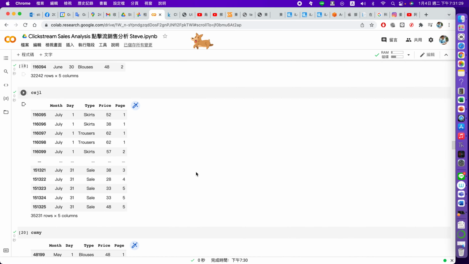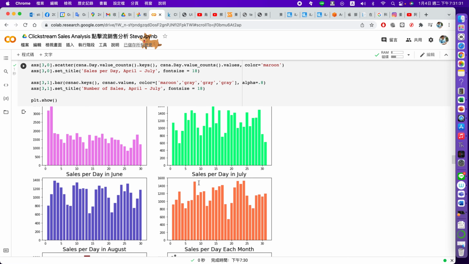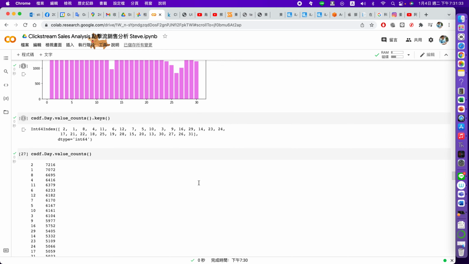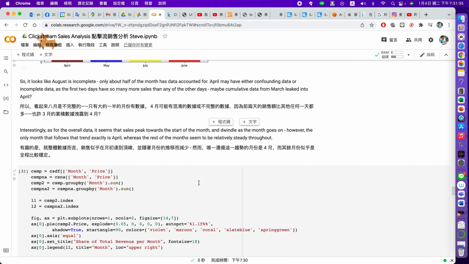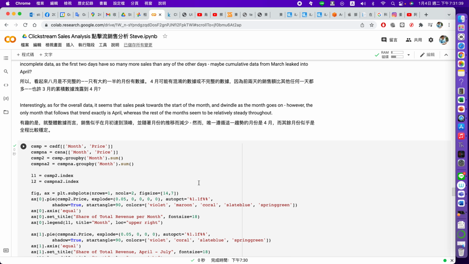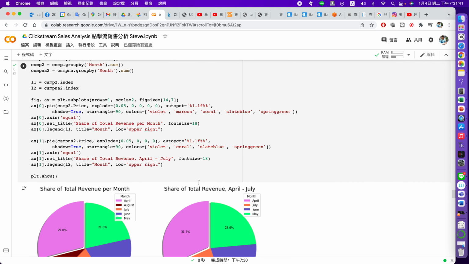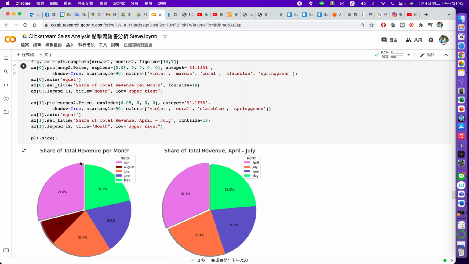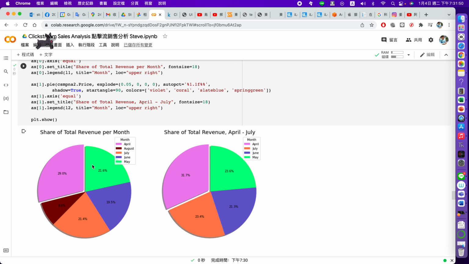Let us start our class from here. I will talk about how to calculate the share of total revenue per month. Here are two pie diagrams to specify the portion for each month.